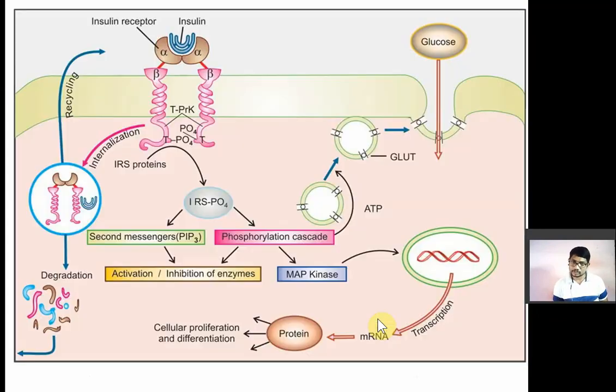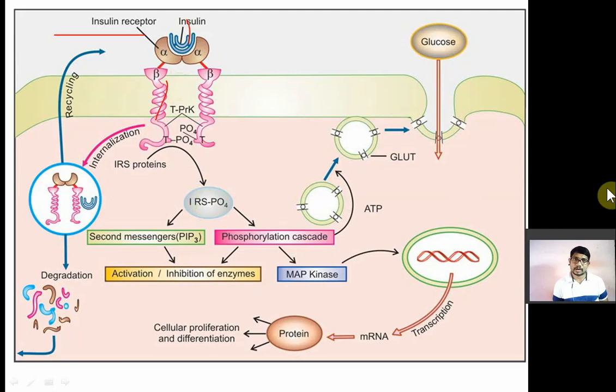Now you can see here again, the insulin receptor has two subunits, alpha and beta. Insulin will attach to the alpha subunit present on the surface of the cell, and these alpha subunits are linked to a beta subunit which causes the phosphorylation of protein.